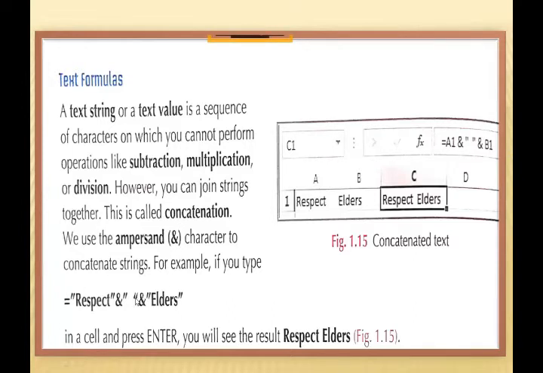How? For example, you type in inverted commas respect, then the ampersand sign, then within inverted commas again the ampersand sign, elders, and then you get the result in this cell. These two text words are joined together. So this is concatenated text.